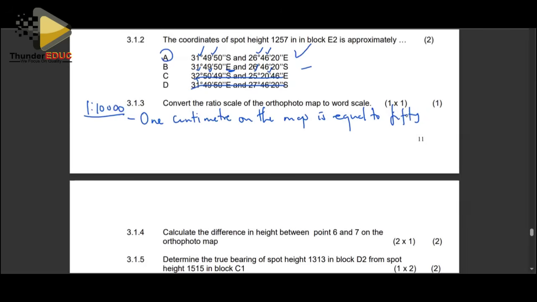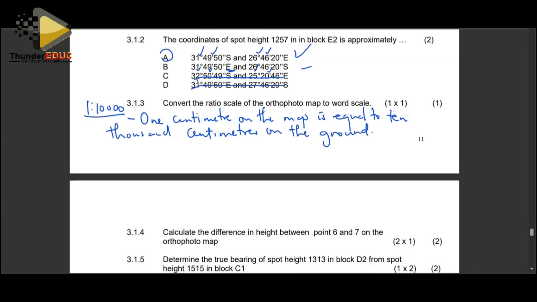Is equal to 10. 1 centimeter on the map is equal to 10,000 centimeters on the ground.